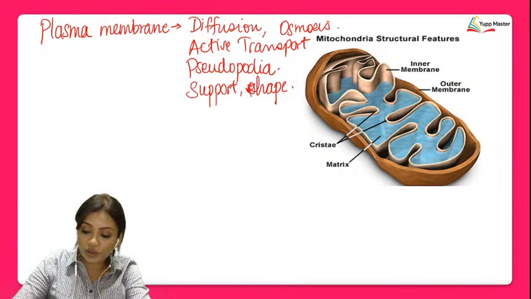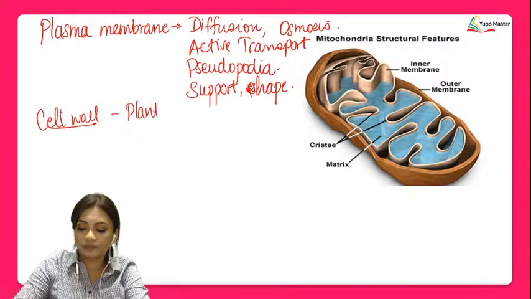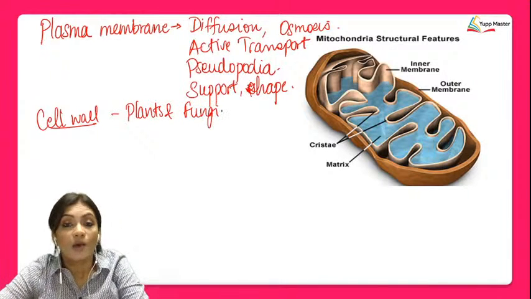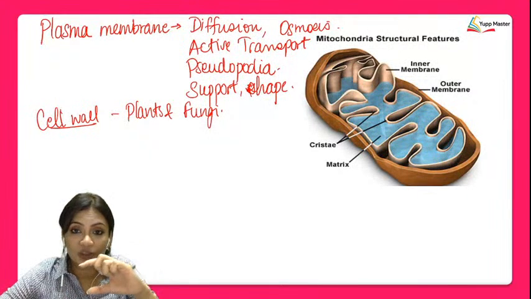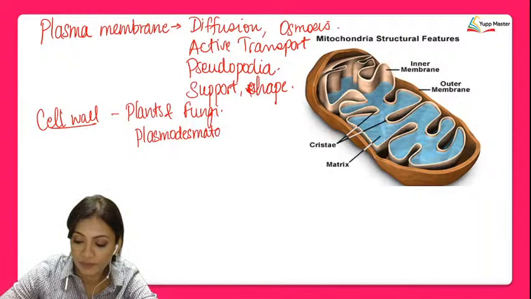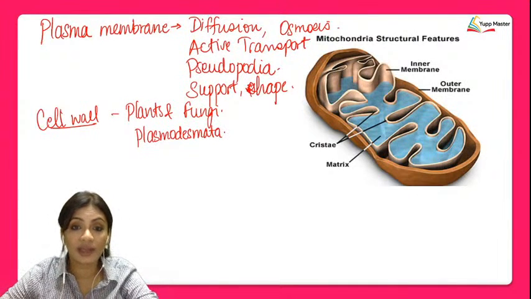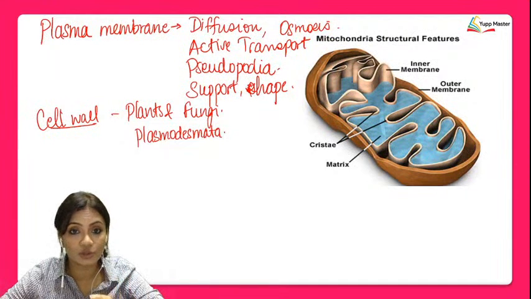Then, talking about cell wall. Remember, cell wall was present only in plants and in fungi. What was an important word that we studied when we did cell wall? The bridge between two cell walls, wasn't that called plasmodesmata? The bridge between two cell walls was called plasmodesmata, allowing substances to travel from one cell to another.